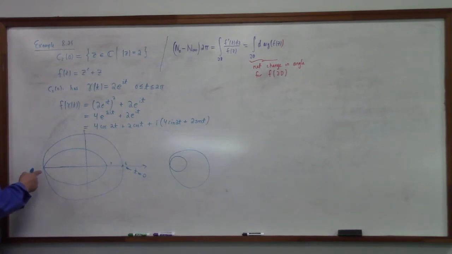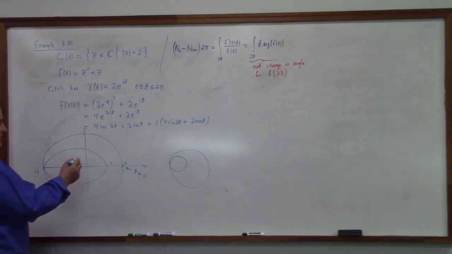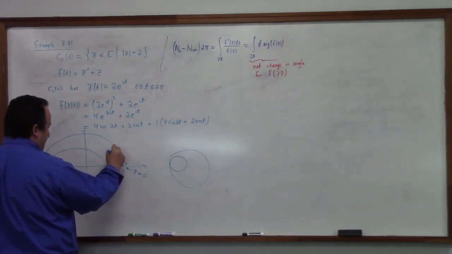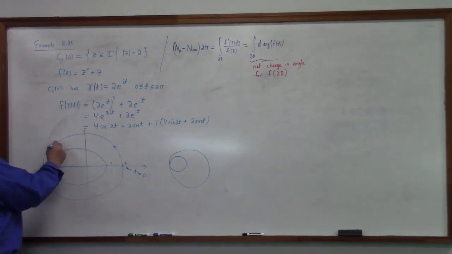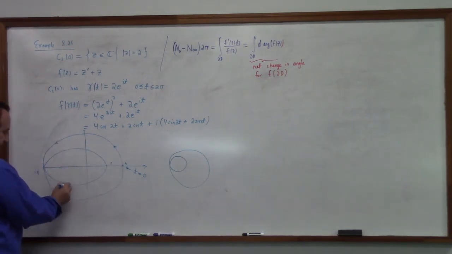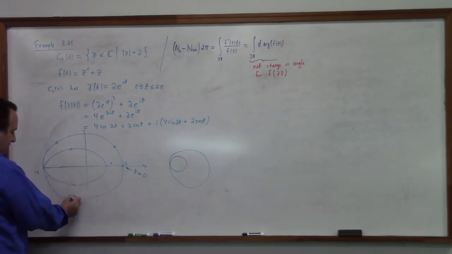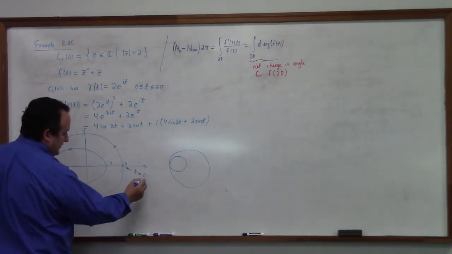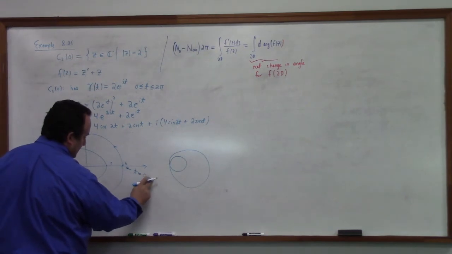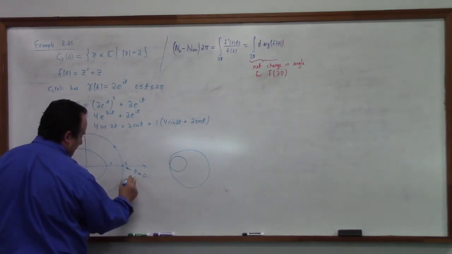Yeah, well, no, that's not it either. But anyway, as we trace t out, we go like this, and then it crosses through to over here, and then it loops back, and then finally back around. This is t equals 0, and also eventually it loops back at t equals 2 pi.